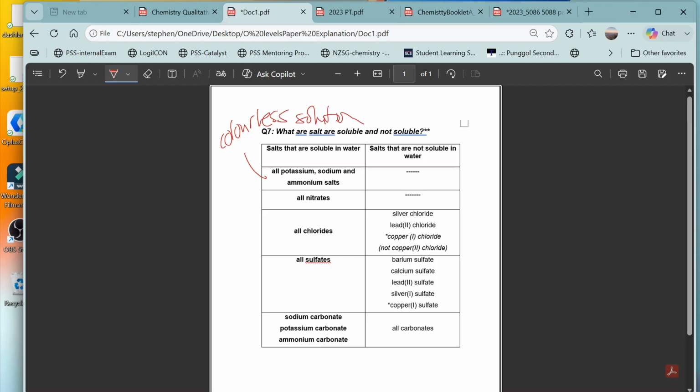You can see that I always use this piece of note. That means potassium chloride, potassium sulfate, potassium nitrate, potassium carbonate, or ammonium carbonate, all that start with potassium something, sodium something, or ammonium something are all colorless, and they are all soluble. If you notice very carefully, all the salts are soluble and colorless.